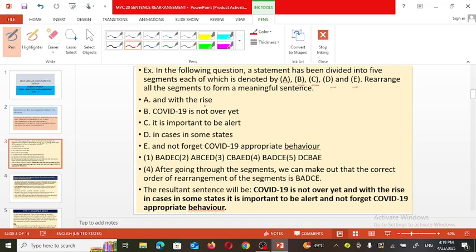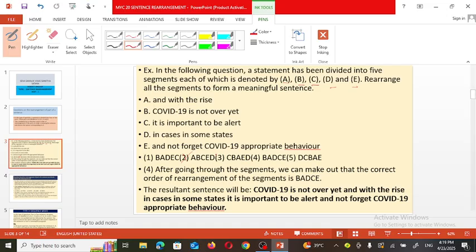Here A is at the first position, and here B is at the first position. A is "and with the rise", so we cannot start the sentence with such a conjunction. So there is no need to consider the second option. Now see, the option begins with "it is important to be alert", and after that is given "COVID-19 is not yet over".